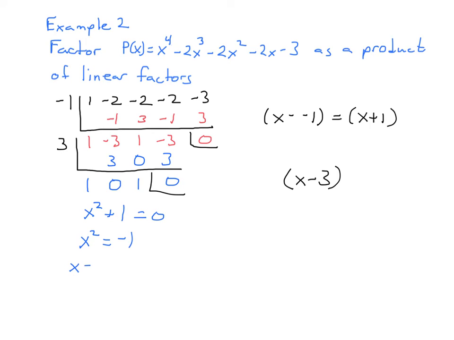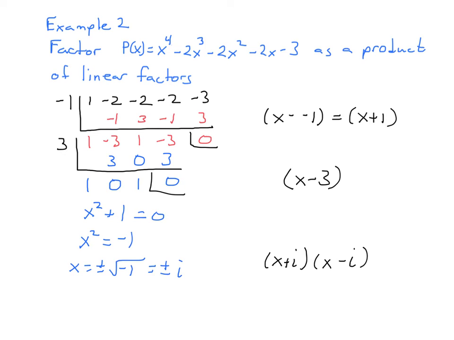So x equals plus or minus the square root of -1, which equals positive and negative i. So I know that i and negative i are zeros, and my other two factors from this would be x plus i and x minus i.